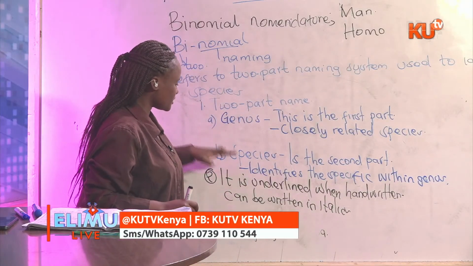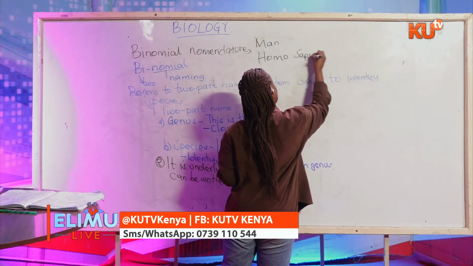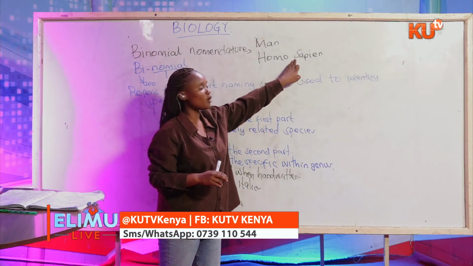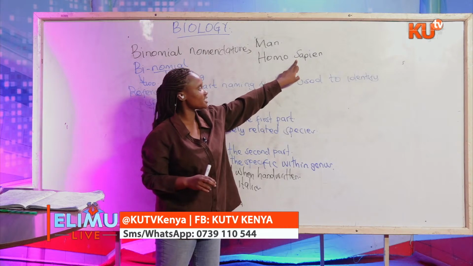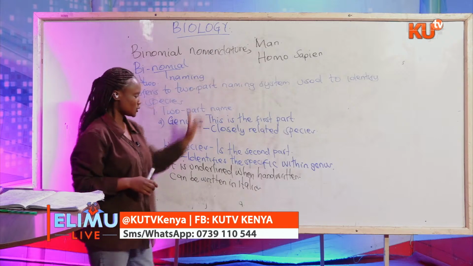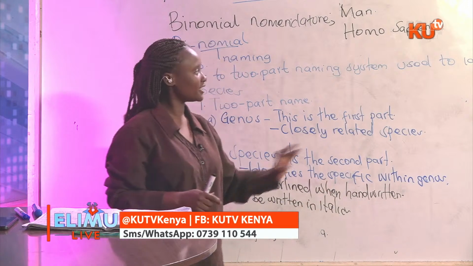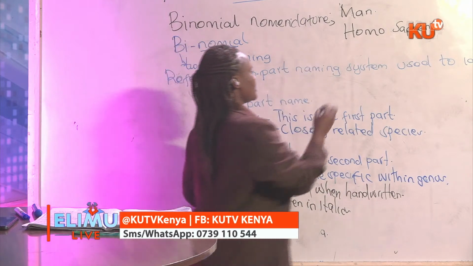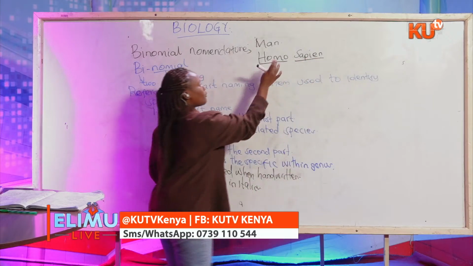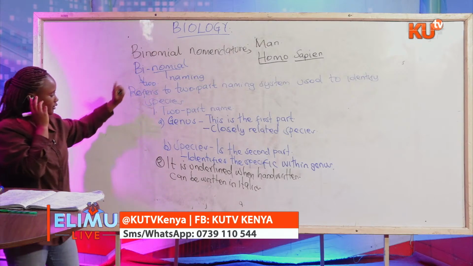And the species, which is sapien, should be written in small letters. So we have Homo sapien. This is handwritten, so when it is handwritten, you underline. But when underlining, you underline separately. So that is an example of the binomial nomenclature.